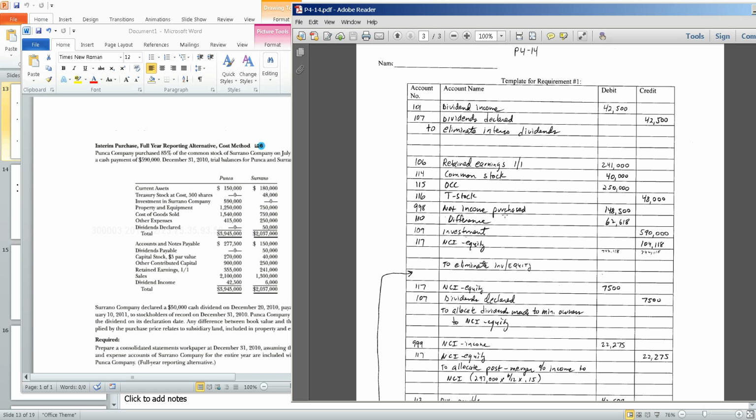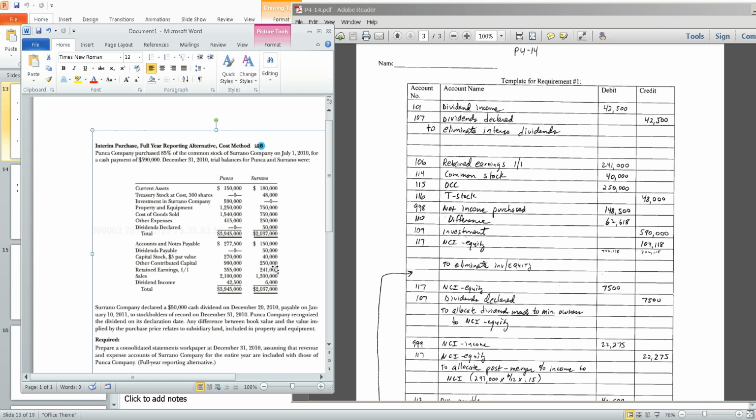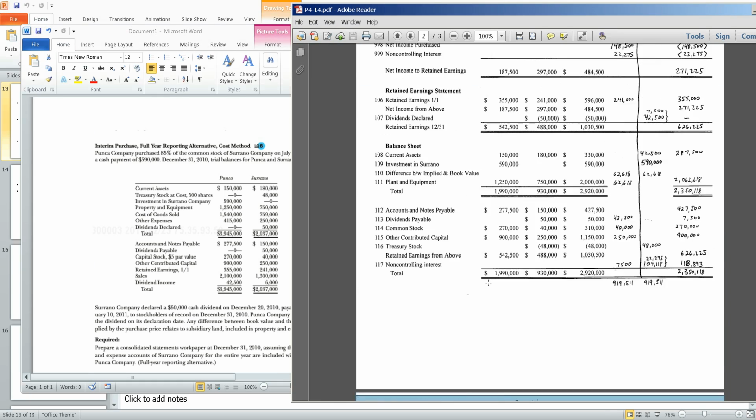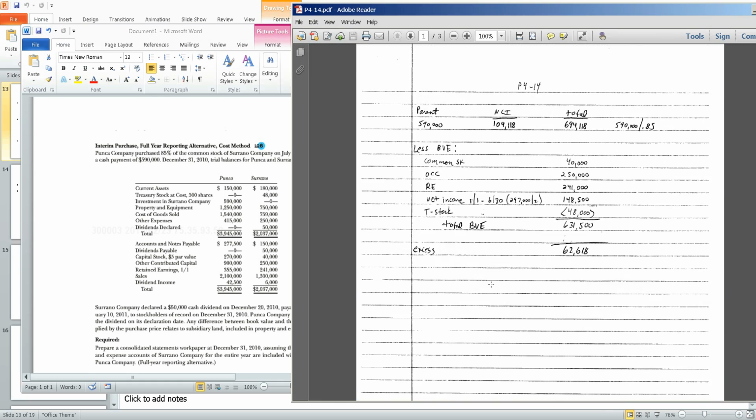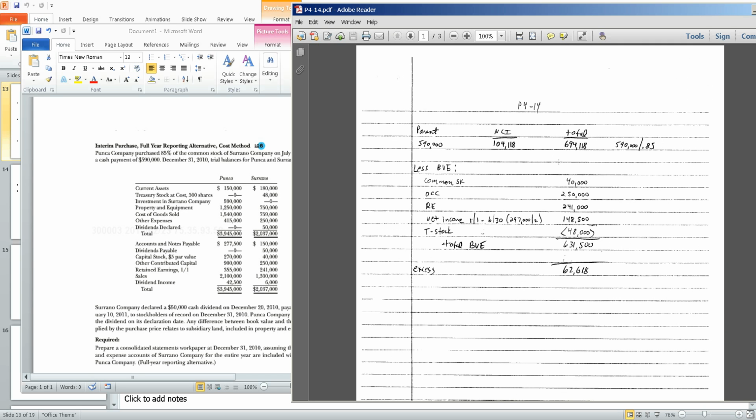The second entry is the entry to offset the equity accounts of the sub against the investment account of the parent, and to establish the non-controlling interest in equity based upon our calculation here, which we said was $104,118, and finally to recognize the difference between imputed value of the equity and total book value of equity.